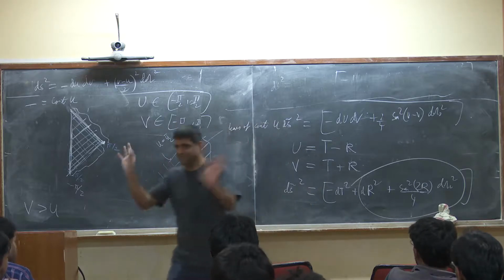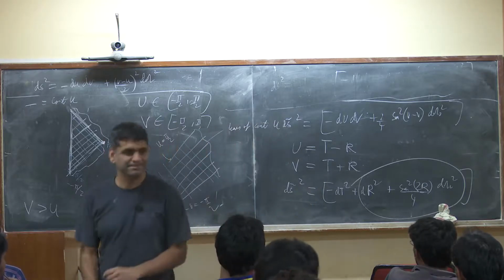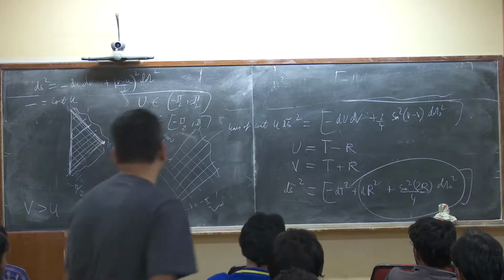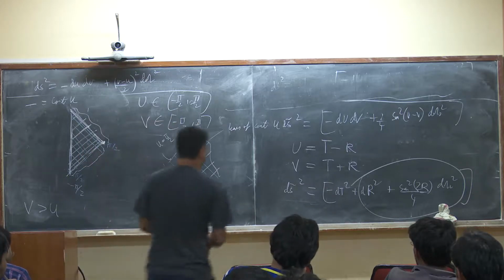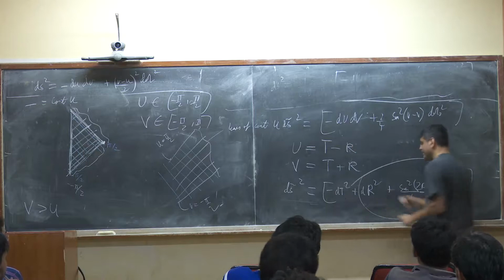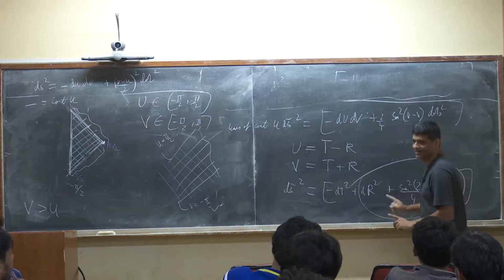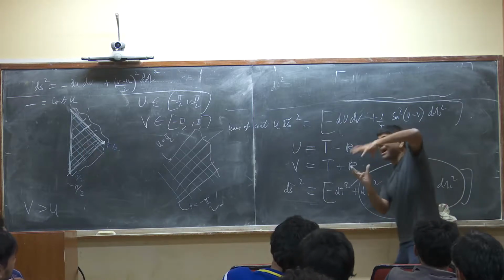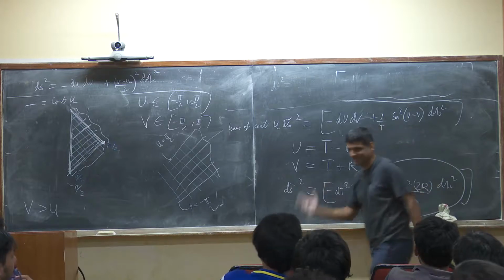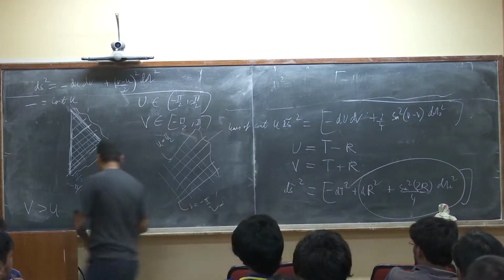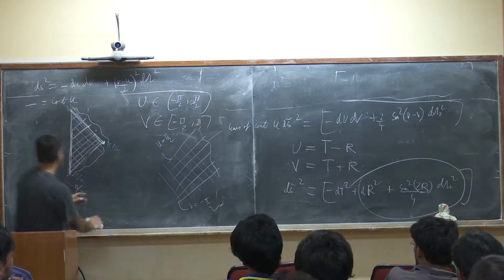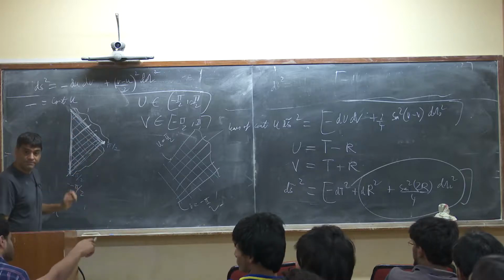Time is time-like, so it's different. Of course, the actual topology is mauled a little bit by the fact that not all of the r coordinate exists. So it's some part of this 3-sphere times time.